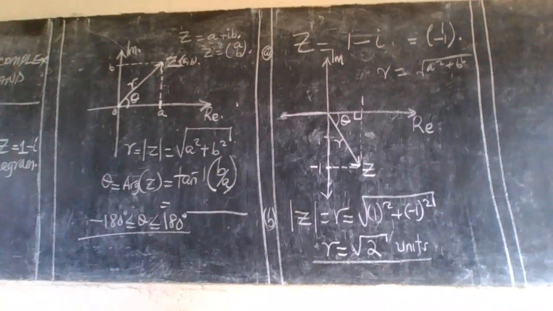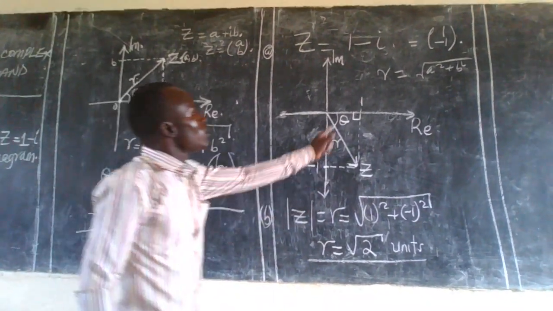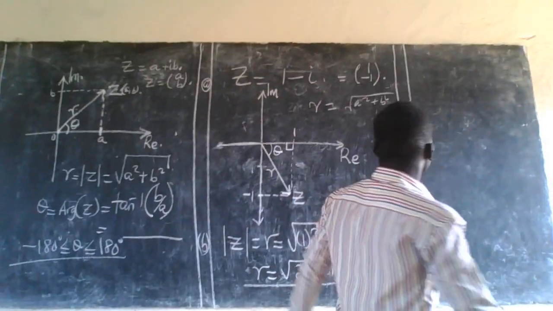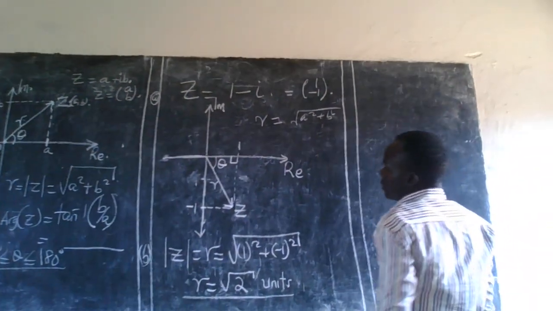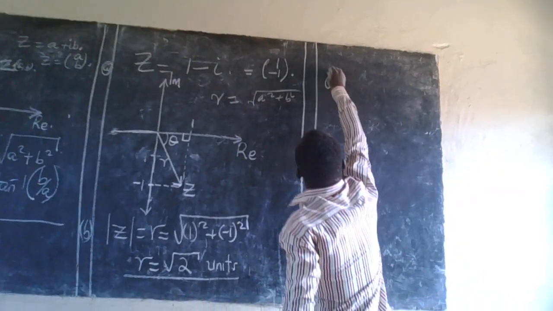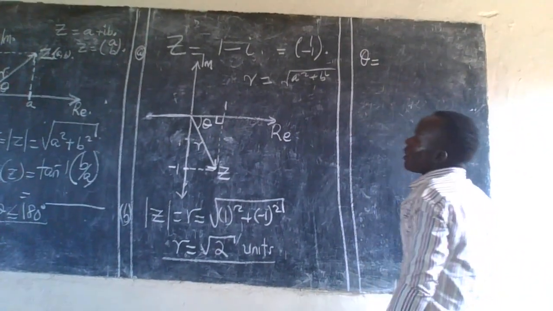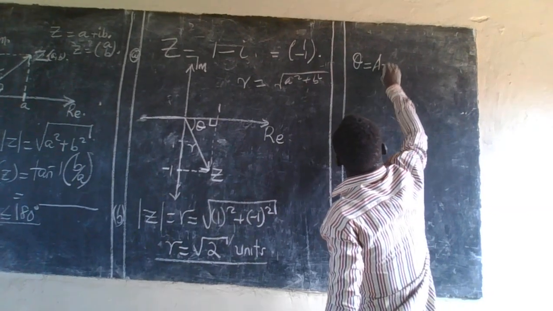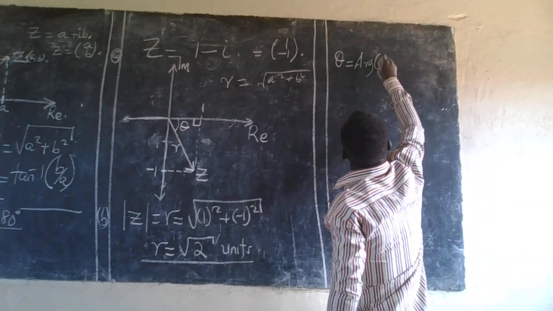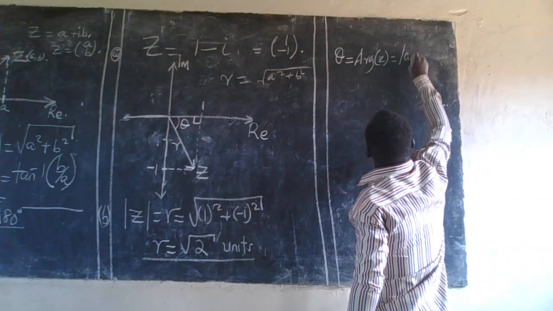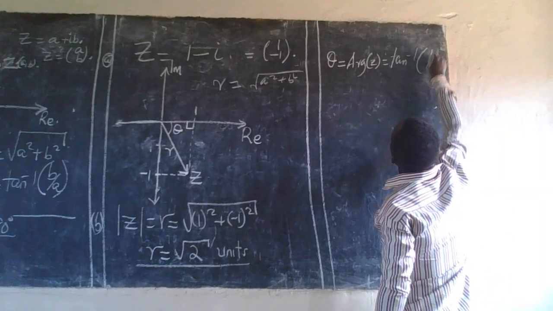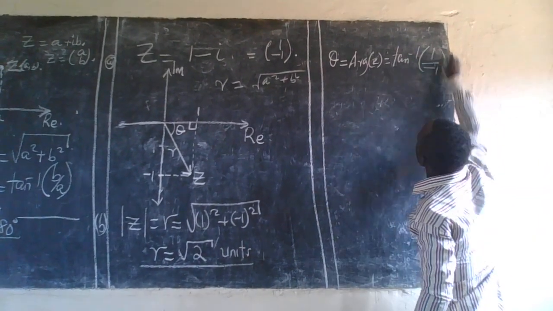Then they want us to get arg z, the value of theta. If I want to get my theta, which is the same as arg z, it is given by tan inverse of 1 over negative 1.